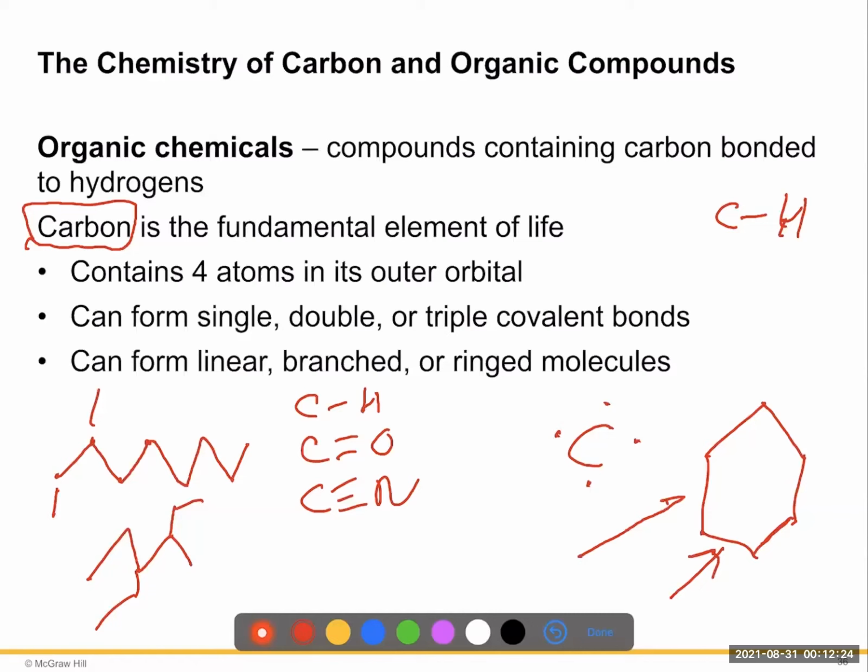So when the dentist bleaches teeth, it breaks this bond right here and opens up into a linear compound. Light passes through, and the teeth look white again. That's what bleaching is all about. You're not taking the stain out. All you're doing is breaking the ring structure of carbon and making it linear so light can pass through now. That's all that's involved in it. It's really cool how people thought this stuff up.